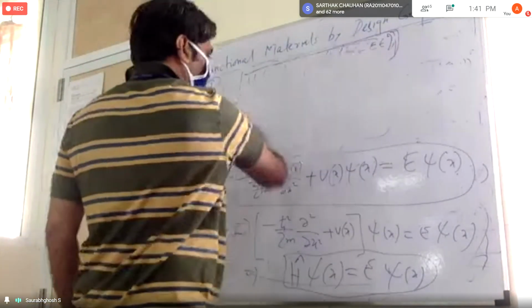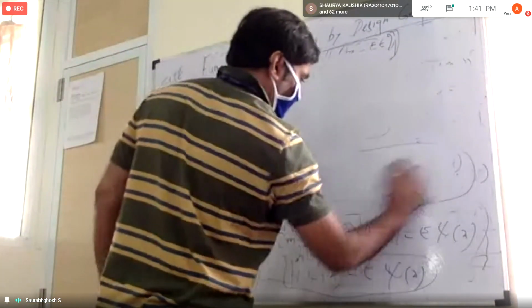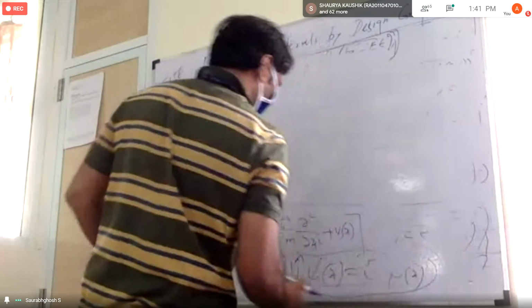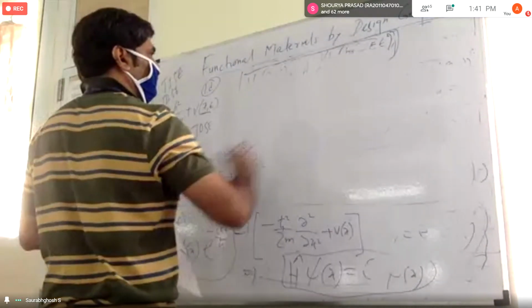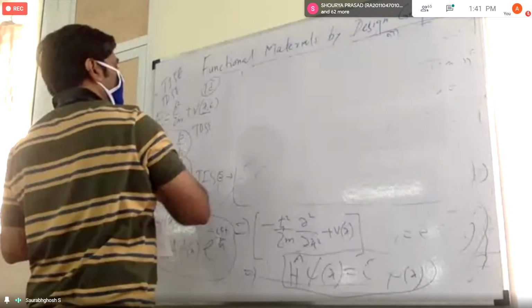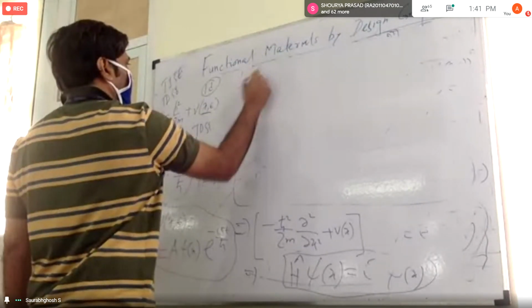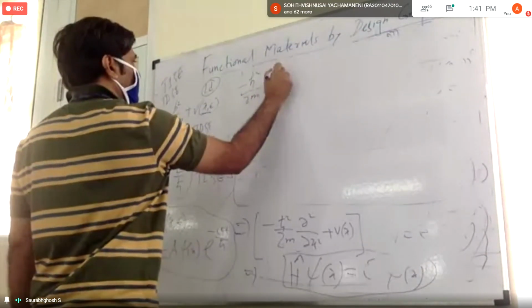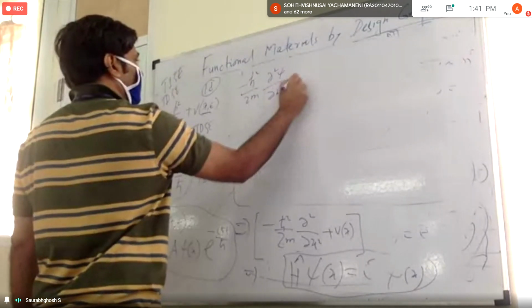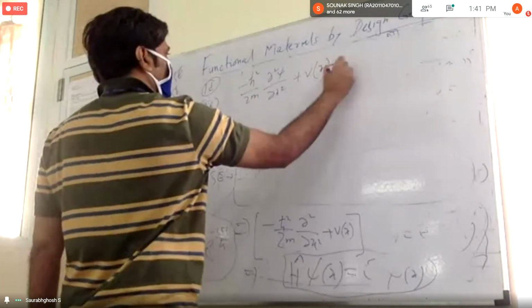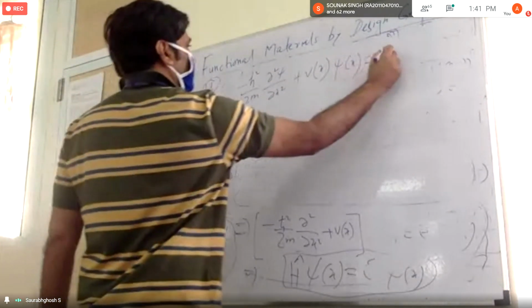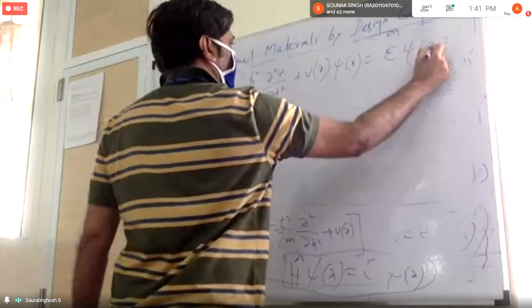So if you consider only the time independent Schrodinger equation, that is minus h square by 2m del square psi by del x square plus V of x psi of x is equal to E psi of x.